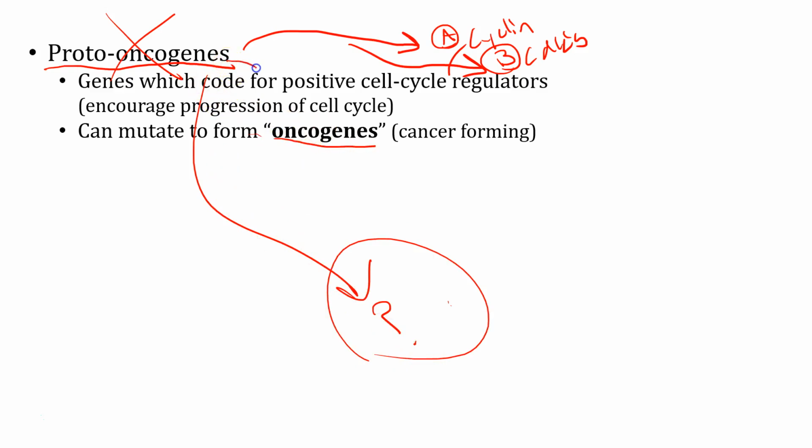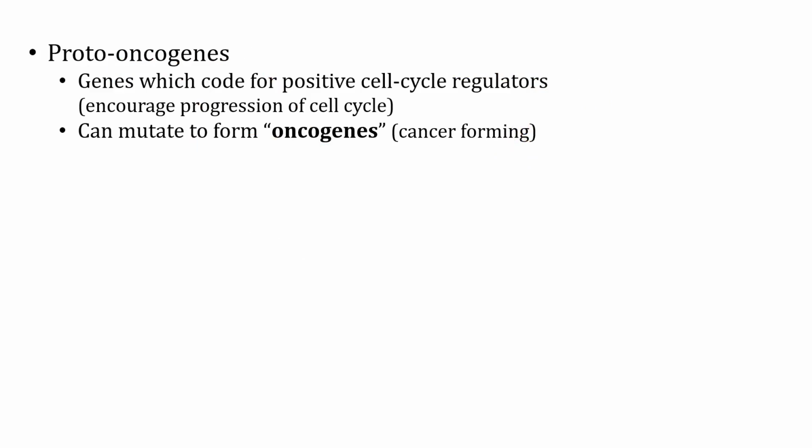So proto-oncogenes get mutated into what are called oncogenes, cancer-forming genes, because they're going to be producing regulatory molecules which don't work as they should, and that can be bad.